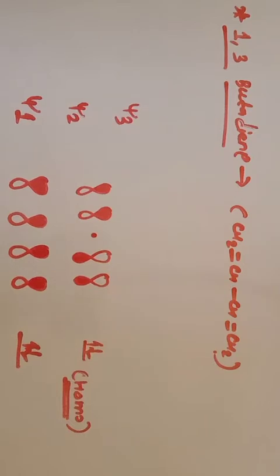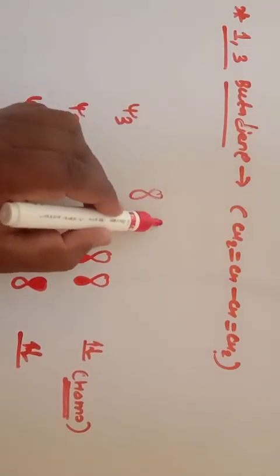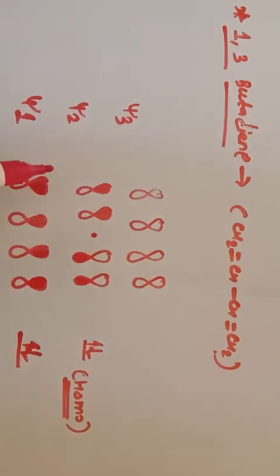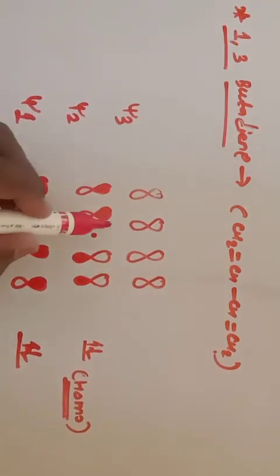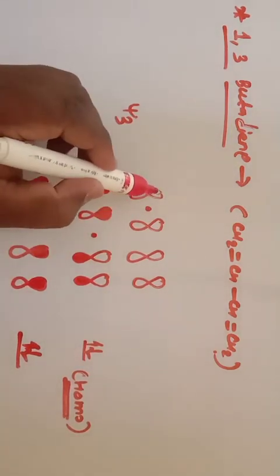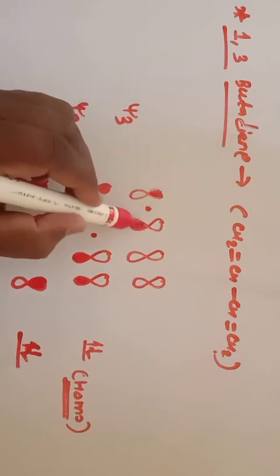And if you consider psi3, it means there are two nodes. So two nodes are there. These are your four p orbitals. How can we represent the two nodes? This is your node. It indicates these two p orbitals are in different phase.